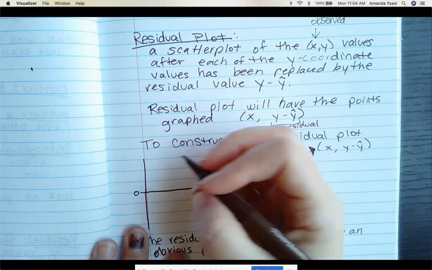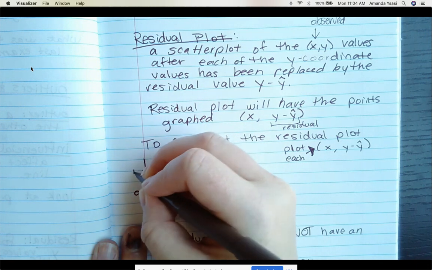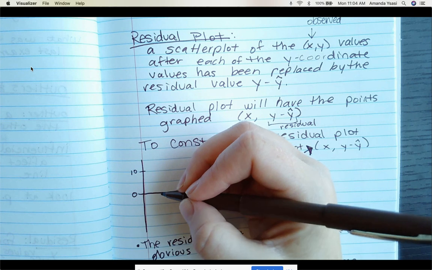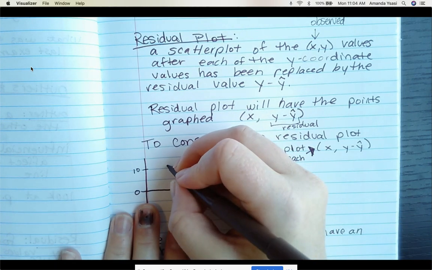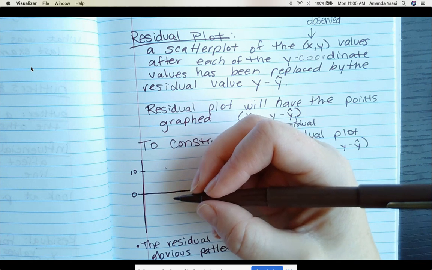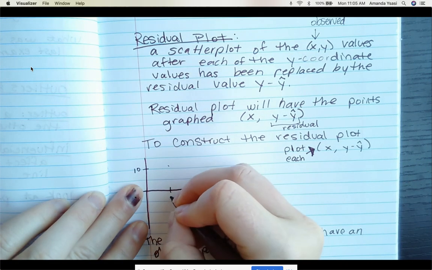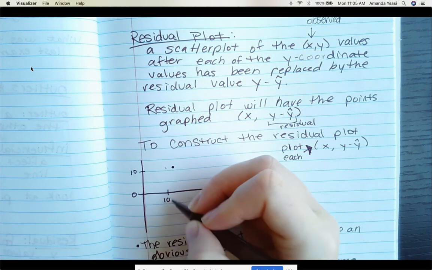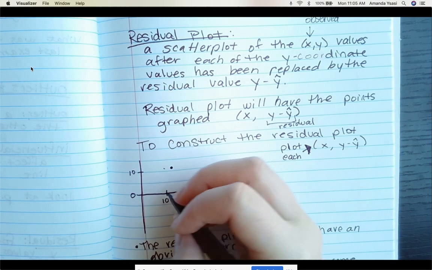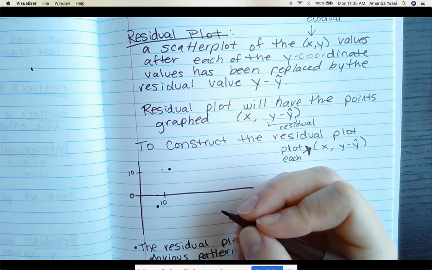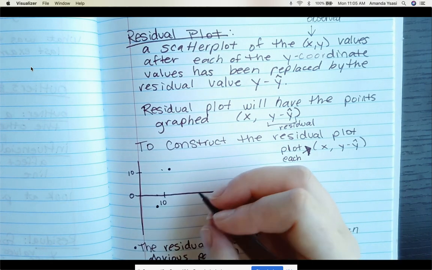It had like 11, so let's say this is 10. So it was about 12, 11. The first one was about 8, -5. So it'd be right here. And then the next one was about 20, -13.